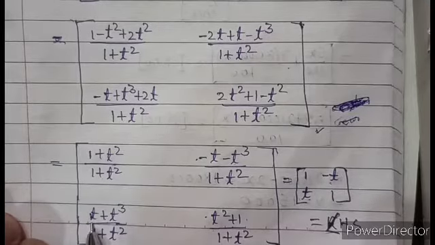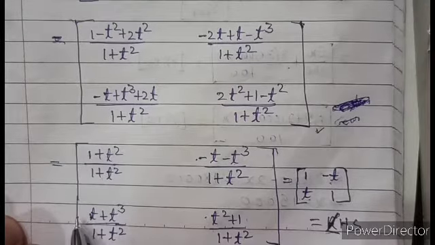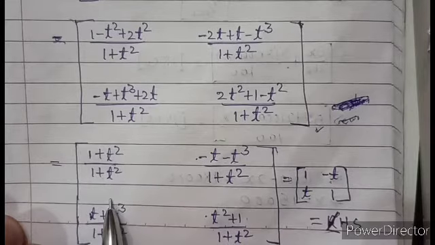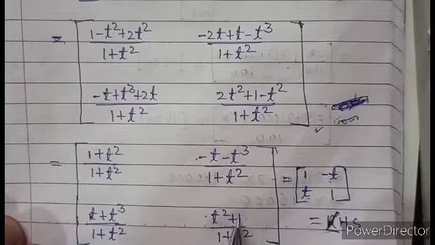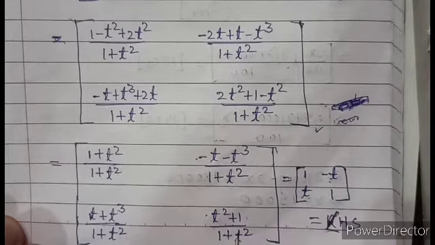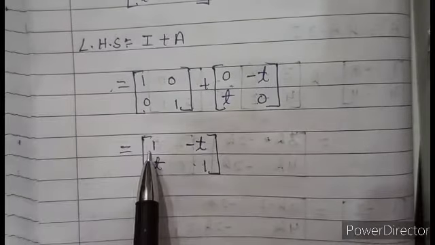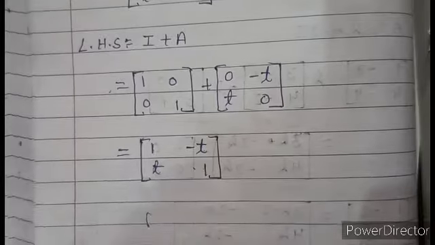Now in the second row first element we can take t as common, and we are getting the second row first element as t, and the last element is again t square plus 1 upon 1 plus t square, equal to 1, and this is our left hand side, that was [1, minus t; t, 1].